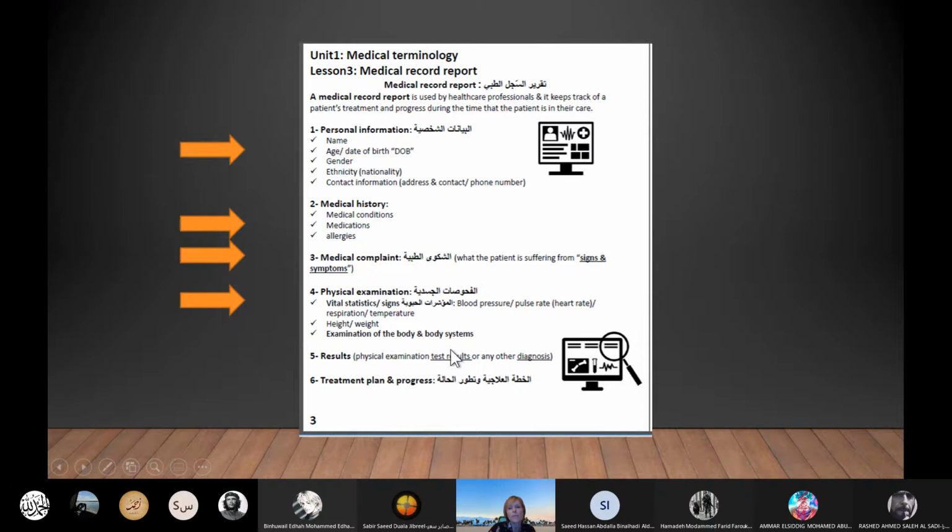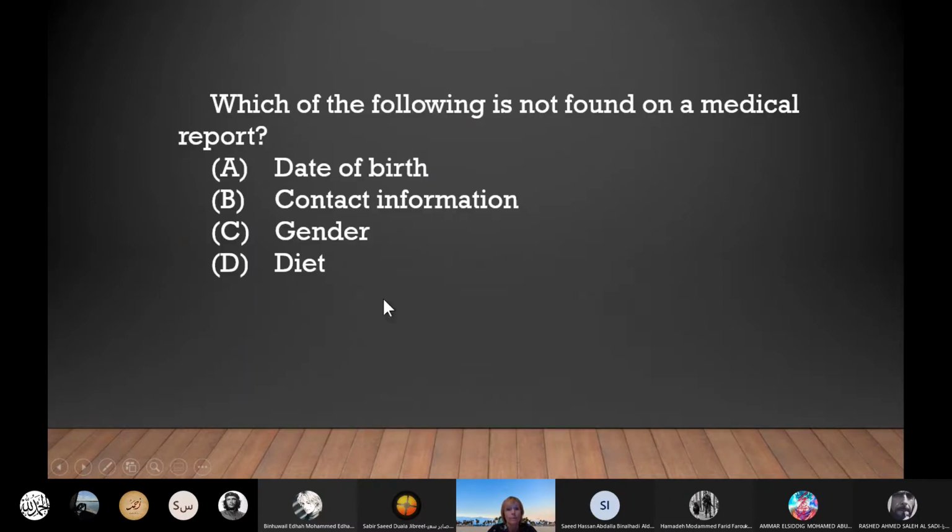Okay, maybe you have a lump that he has to feel, and then he may do some tests. So in the part of the medical report, the results would always have any tests that he's done or any diagnoses, okay, any conclusions that he's come to about your condition. And then in the treatment section is where he would put your medications and the progress that you're making and anything like that. Okay, so that's a medical record report.